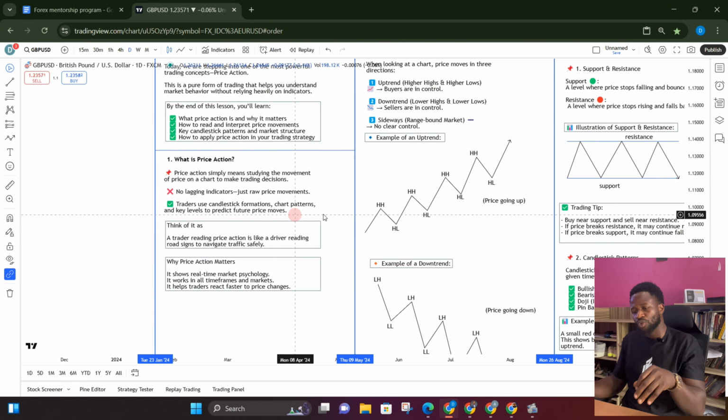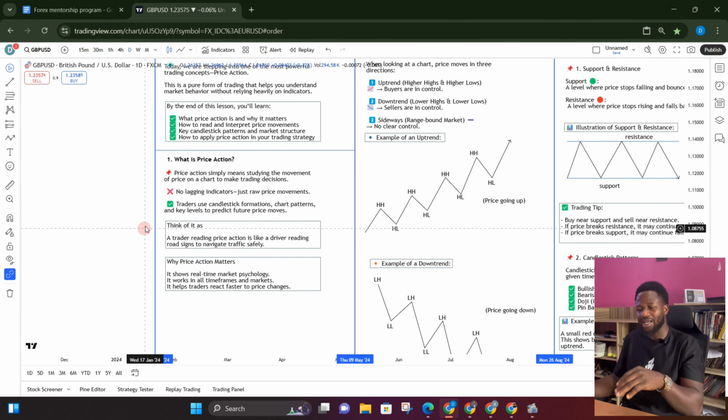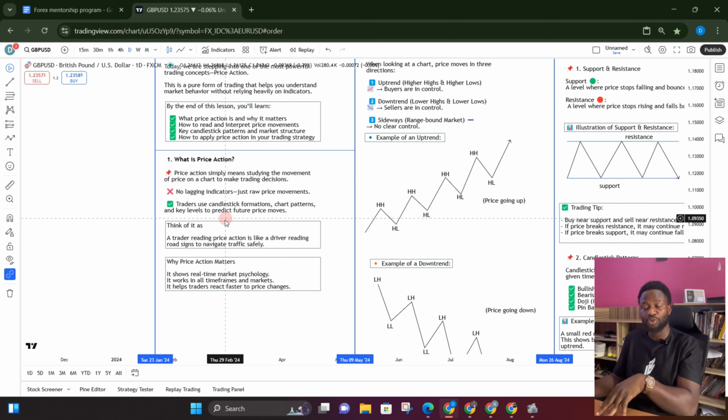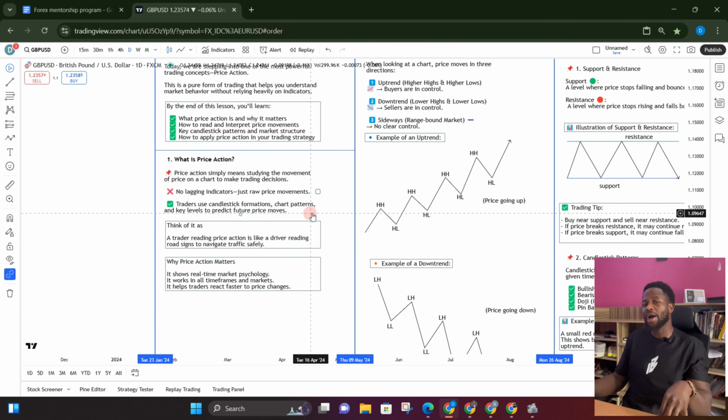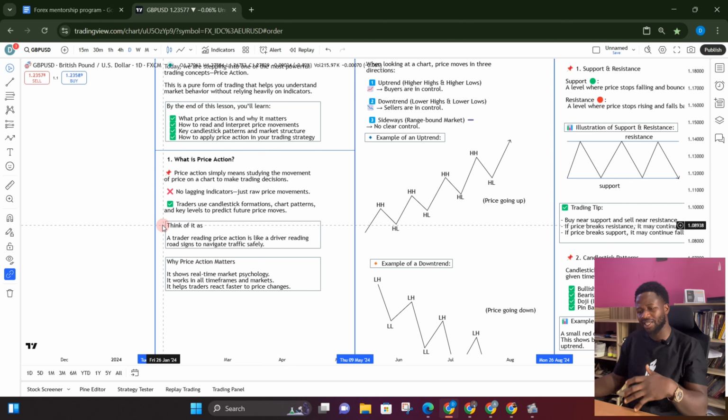All right, so traders can use candlestick formations, chart patterns, and key levels to predict future price movement. Remember, I gave you an idea of how I look at price key levels, those areas where we had multiple actions on a particular price or in a zone or in a region. Yes, that's what is being referred to as key levels.